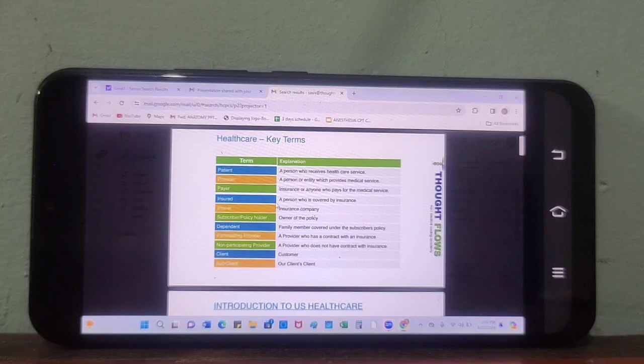Insurer means the insurance company. Did you understand these four terms? Policy holder, dependent, insured, insurer.